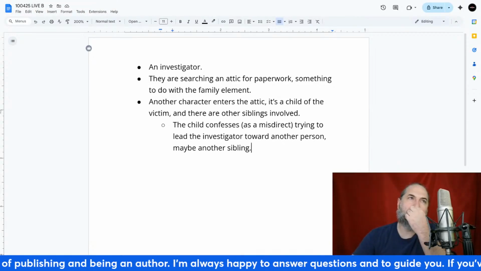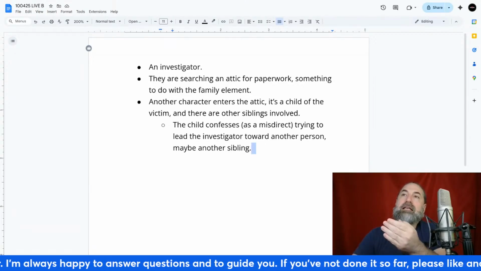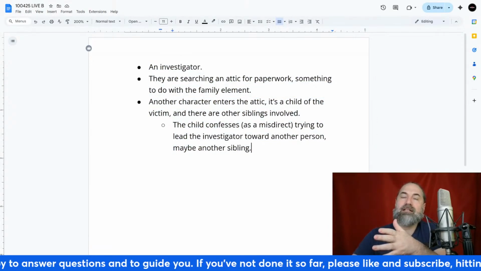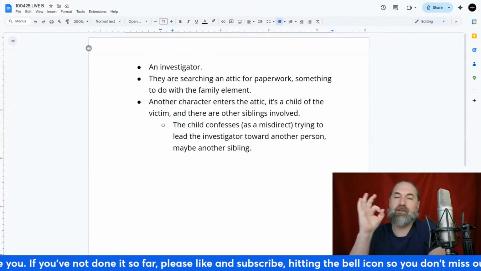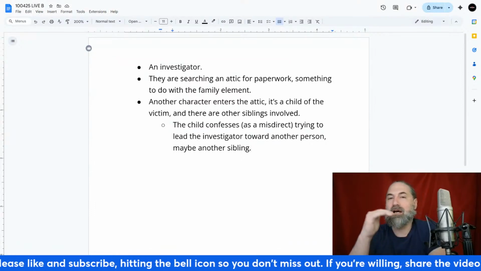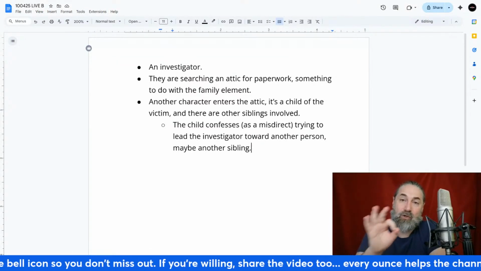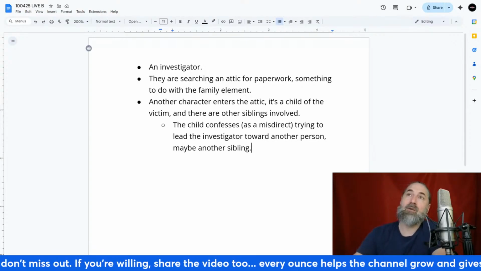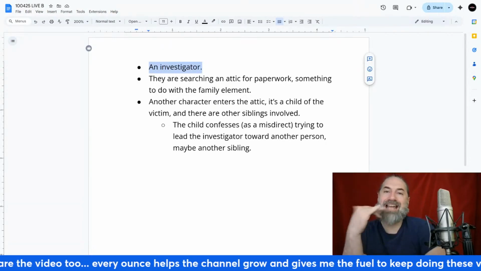Now, right off the bat, if you are outlining a scene like this, if you're just sort of jotting down some ideas, this is all information, and information influences pace. You're either going to give enough information to maintain narrative movement, and that in itself could be slow or fast. However, do I need to explain that they are an investigator?